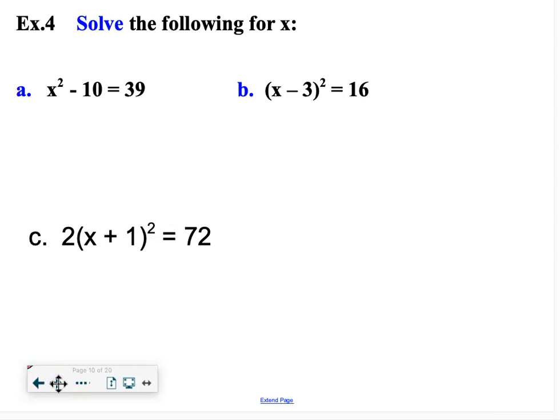Okay. So we have 2 screens left, kind of unrelated to what you've been doing, and then I have to add a 3rd screen because of some stuff that came up on your quiz. So we're going to learn how to solve a quadratic equation without factoring. Okay? So we're going to learn how to solve a quadratic equation using square roots.